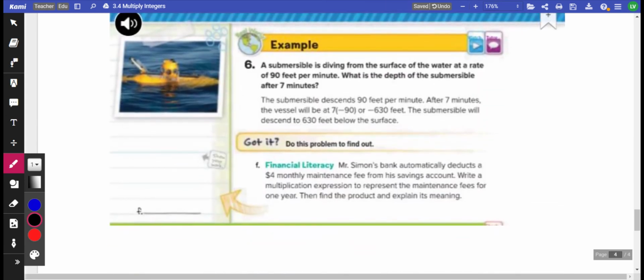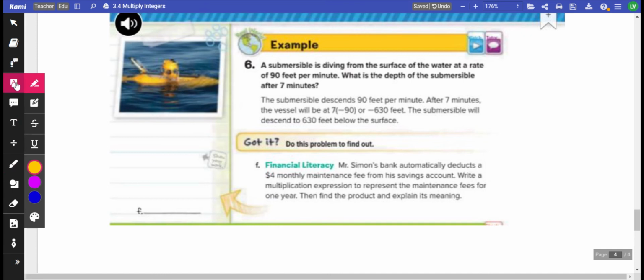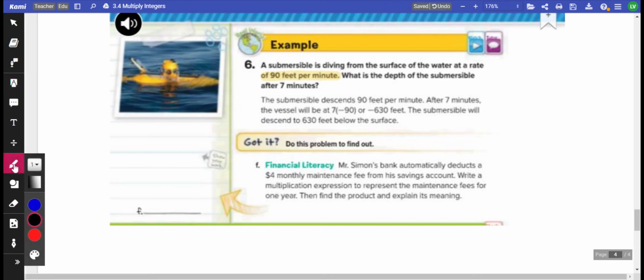All right, example 6. A submersible is diving from the surface of the water at a rate of 90 feet per minute. What is the depth of the submersible after 7 minutes? Let's go back and reread this. So that means that if you were to draw a number line, I would draw it vertically because here is sea level.